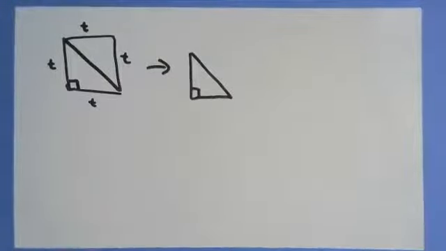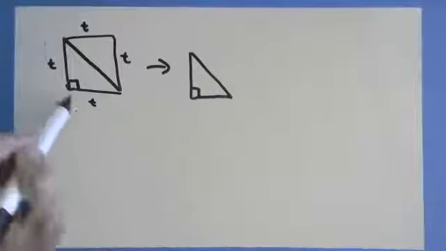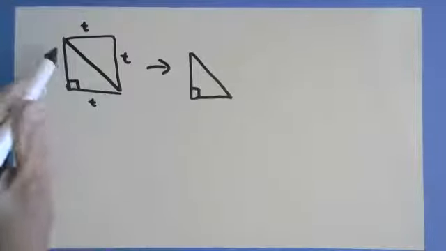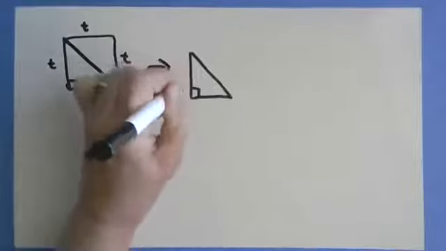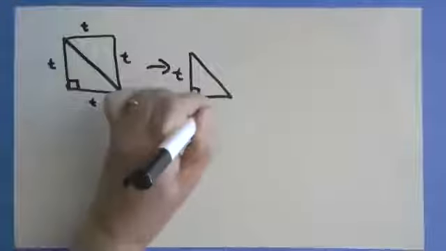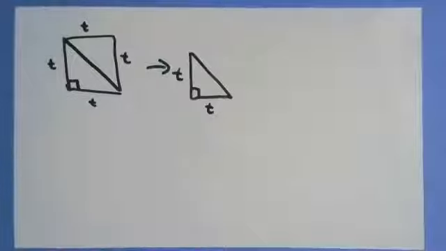One of the most important skills you can have in working problems in trigonometry is seeing where you can extract a right triangle. We'll run into that a lot, especially when we get to word problems. So let's start by introducing it now. We had a square, we drew a diagonal, and from it we extracted a right triangle. And the right triangle, the two legs are size T, or length T.